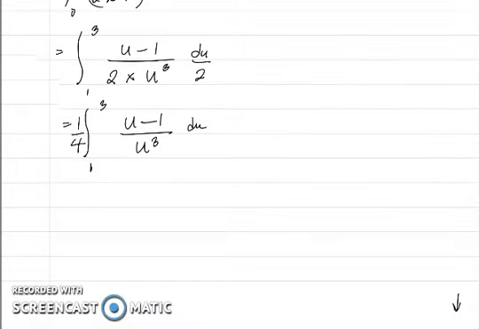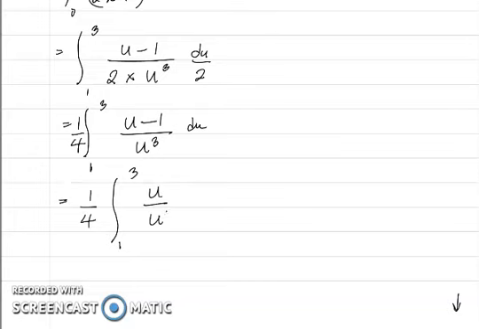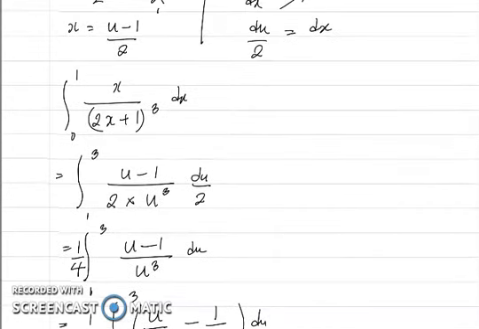All right, so I could separate this a little into 1 over 4, the integral from 1 to 3 of u over u cubed minus 1 over u cubed du.